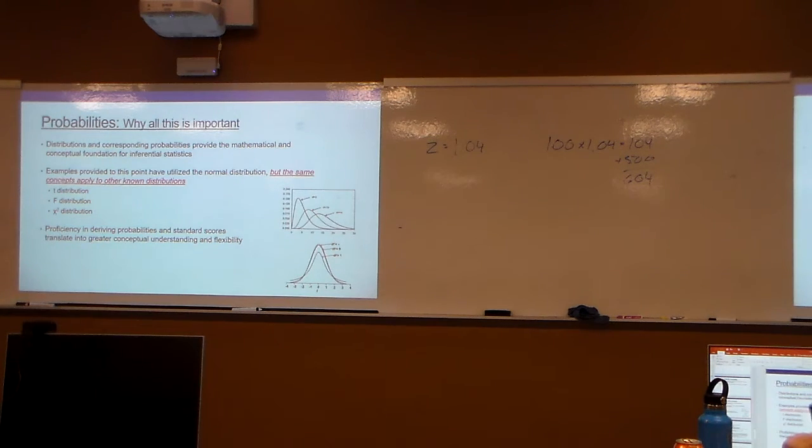And so if we know the characteristics of that distribution under a certain set of assumptions, then if we get a t-value of 2.5, we can say how likely are we to obtain a score of 2.5, assuming that the null hypothesis is true. This turns into the foundation for all of our statistical analyses, right?